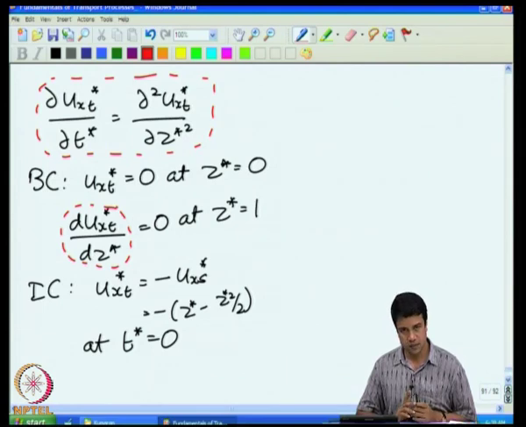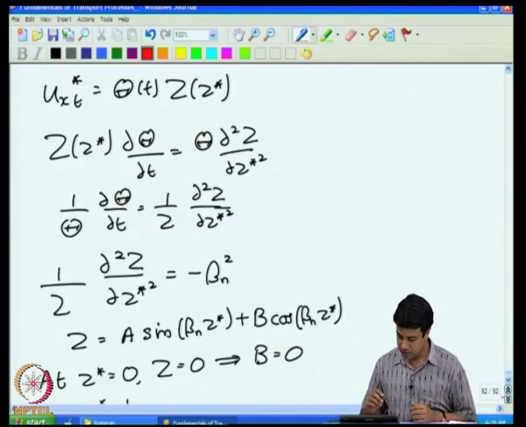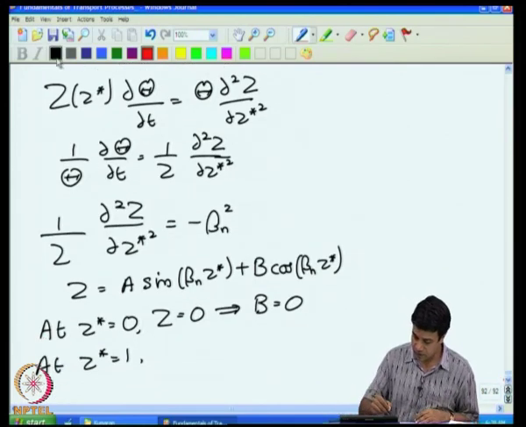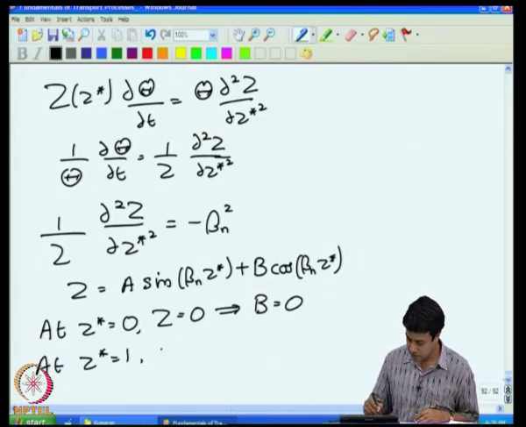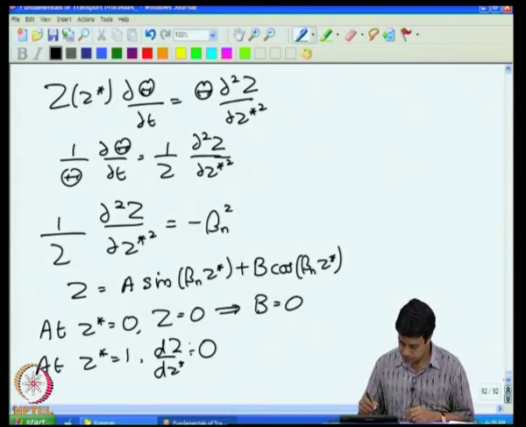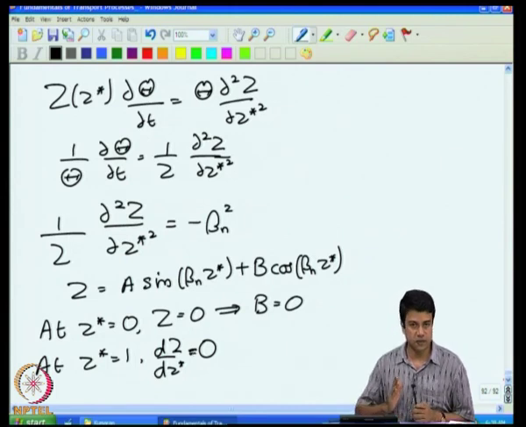Since all of the dependence on z is contained within the function capital Z itself, if I want to satisfy the boundary condition, I need to ensure that dZ by dz star is equal to 0 at z is equal to 1, because the derivative of velocity with respect to the z coordinate has to go to 0.